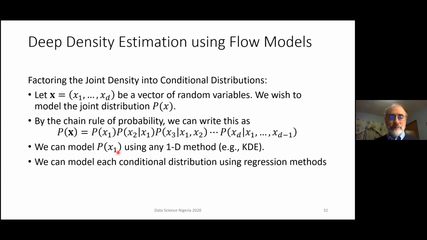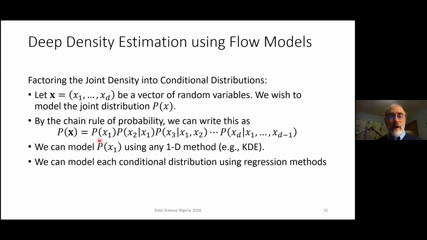And if you had all of these probability models, then given a new input x, you could plug in all of these values, compute each of these densities, multiply them together, and you would get the probability density for the whole distribution. So we factor the distribution into these densities.